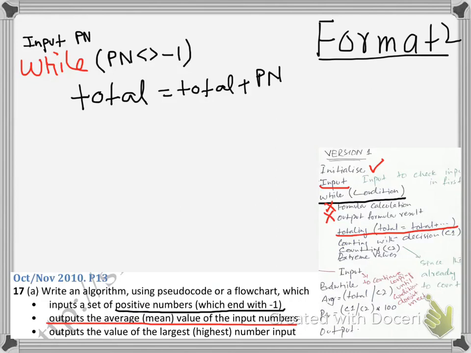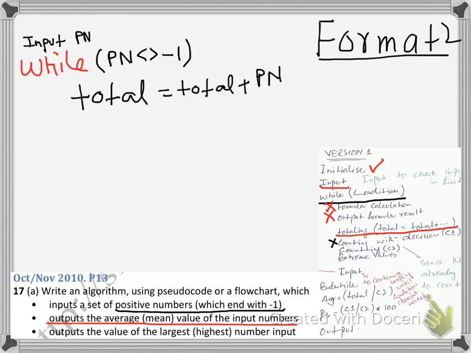So it means that we don't have any counting. But we require this counting, which is counting without decision. We don't need any count with decision because they haven't asked for how many numbers were greater than this or less than this. But for average we need to have two things, the total and the total quantity of the numbers entered.